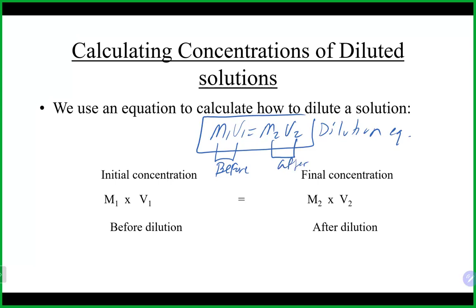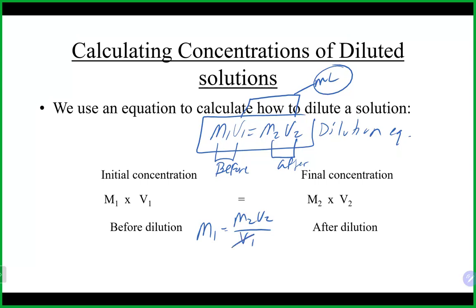In this particular equation, you can, if you want, leave the volume here in milliliters and it will work out okay. The reason it will work out okay, for example, if you solve for M1, that would be M2V2 divided by V1.